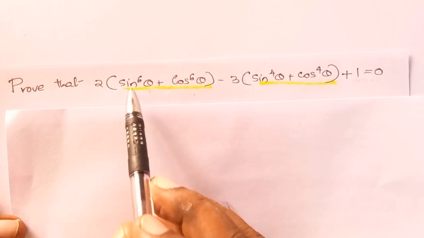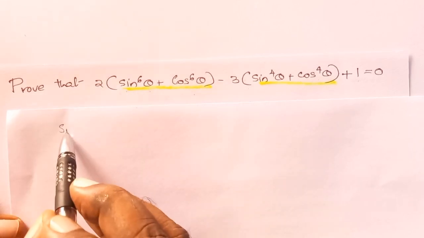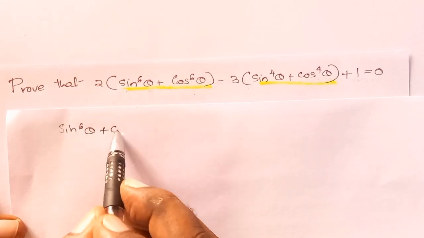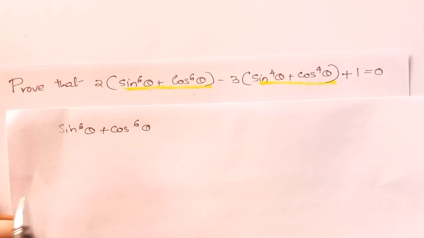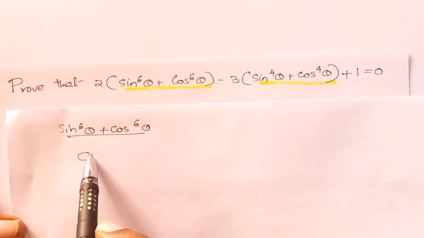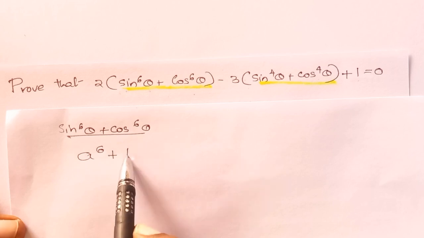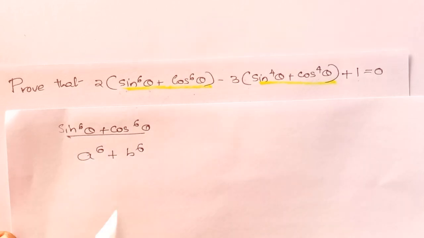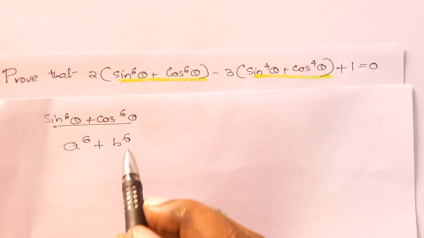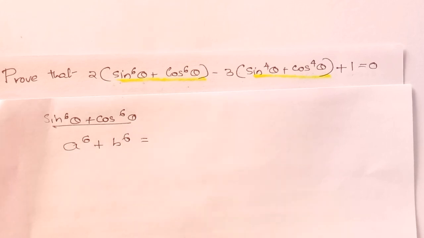See, look at the first bracket, sin raised to 6 theta plus cos raised to 6 theta. It looks like a raised to 6 plus b raised to 6. It can be written in two ways.